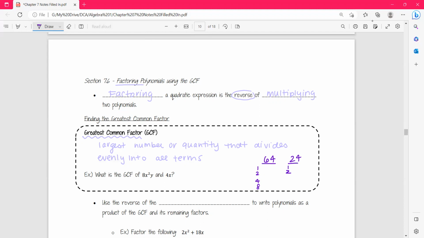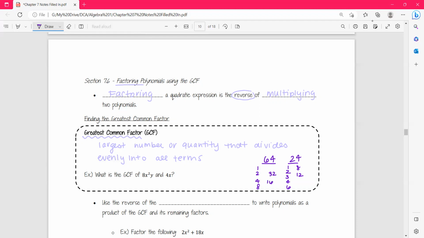I'll have 1, 2, 3, 4, 6, 8, 9, 10, 11, 12, and then that's all. Okay. Here we could have more. We'd have like 32, 16.